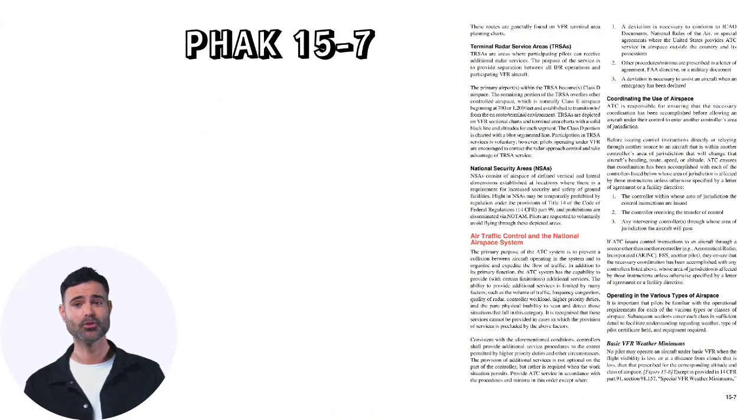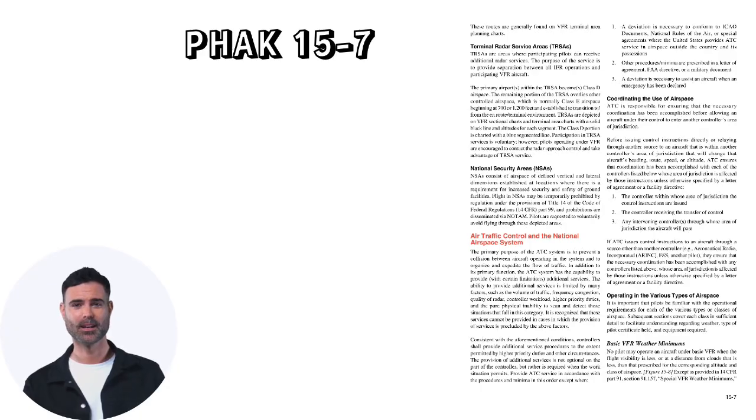1. The controller within whose area of jurisdiction the control instructions are issued. 2. The controller receiving the transfer of control. 3. Any intervening controllers through whose area of jurisdiction the aircraft will pass.